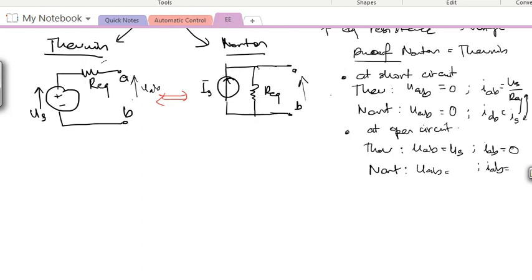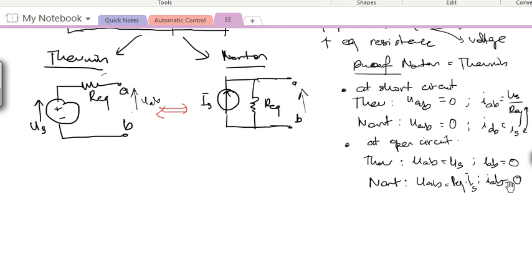So UAB, or U of R equivalent, equals R equivalent multiplied by IS. And for IAB, we know that it is open, so there is no current that circulates between points A and B, and it is 0. So we can see that the current, in both the Norton and Thevenin cases, is 0. They are the same.